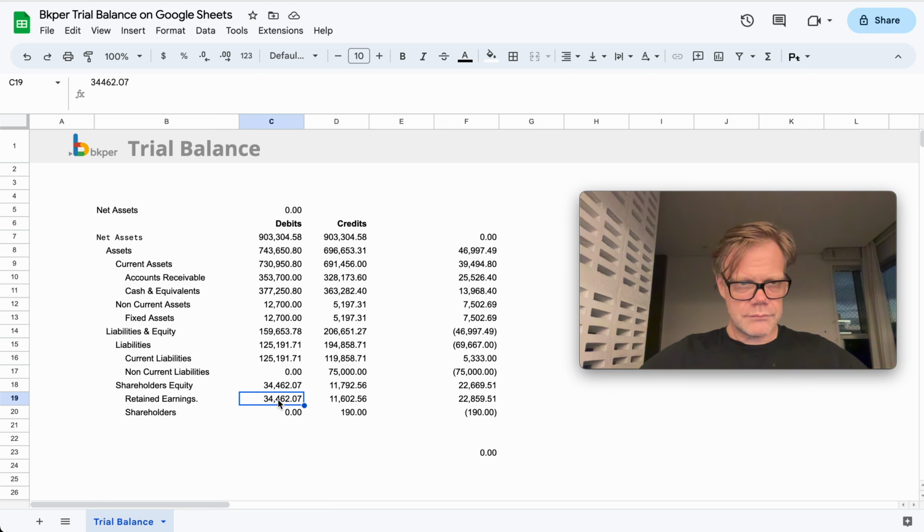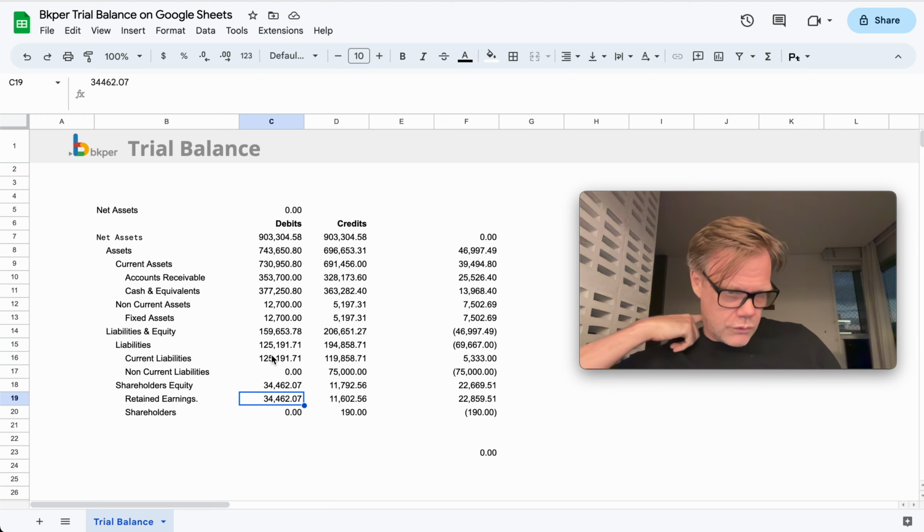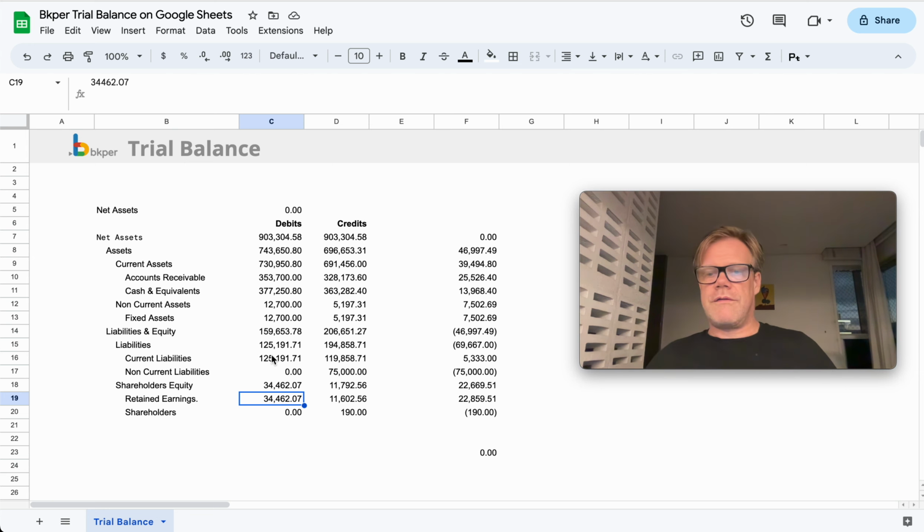Okay, and you can see that the retained earnings were booked as a debit because it was a loss. Now this is a very good way for you to check if your debits and credits sum up to the result of a balance value which you have on your book or on your report. Now with the hierarchy you can be more sure that this always sums up correctly because of Bookkeeper auditing.